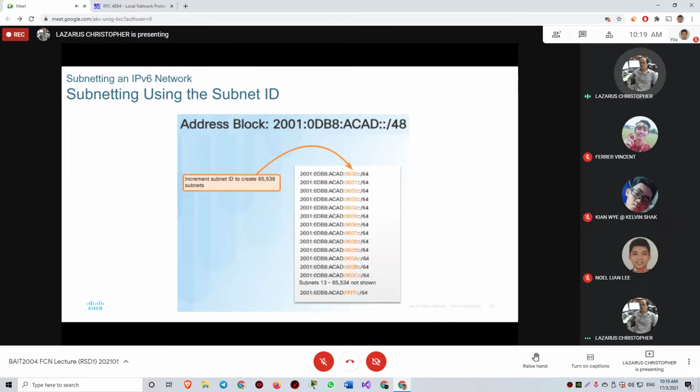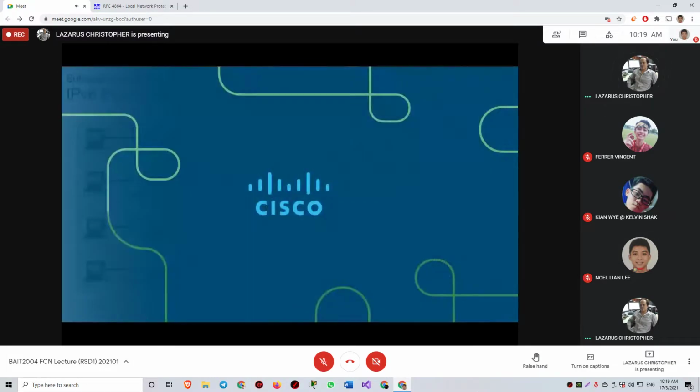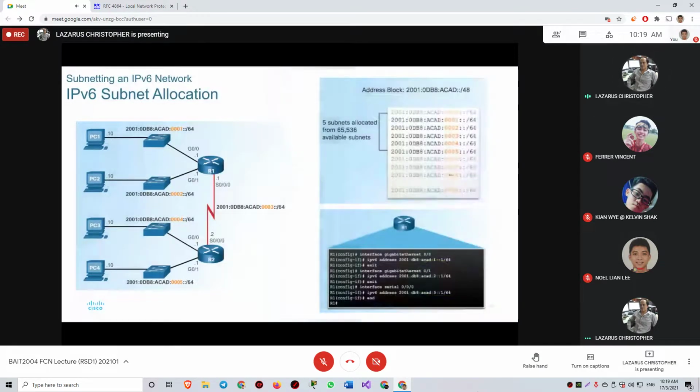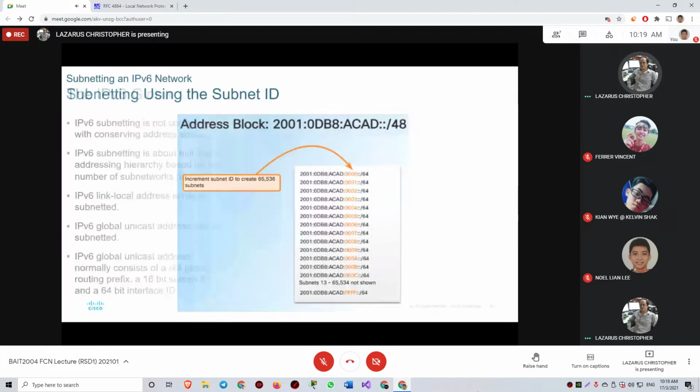So we do subnet, but now we're subnetting the global unicast address. Okay, what about private addresses? We still have what's called the link local address.